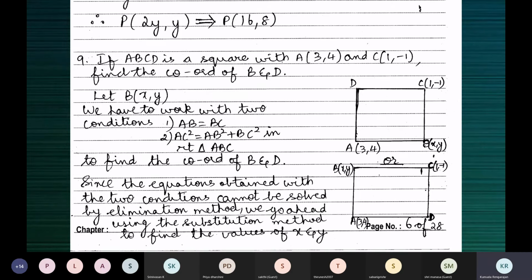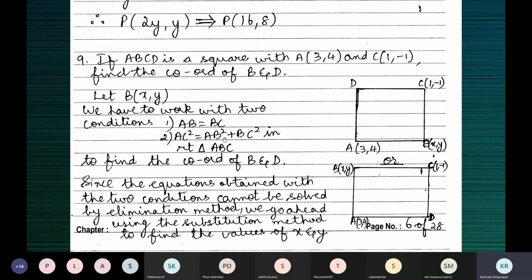So children, when you're working, you will get one equation in x and y, and another equation in x square and y square. How can you solve them? You have to use the substitution method. These are the things you'll have to remember. In one, you will get a linear equation in x and y, something like 3x minus 4y is equal to 9.